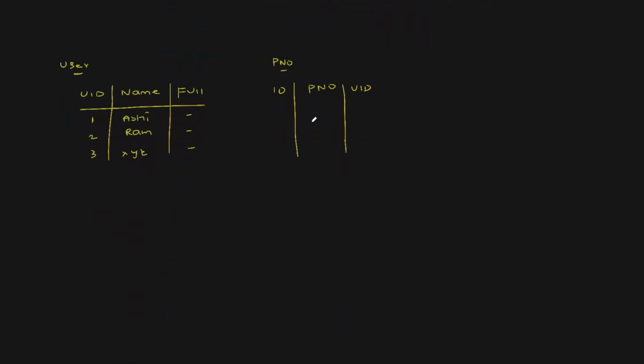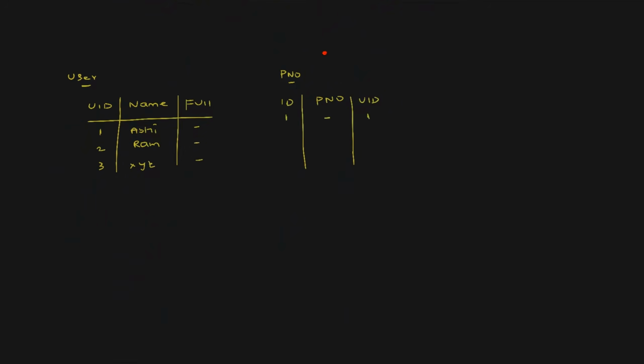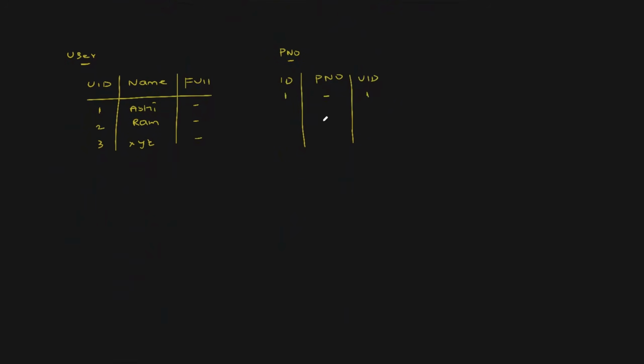So for ID1, that is Abhi user, you store a phone number. But for user ID2, that is the Ram user, you have two entries in this table. So user ID2, user ID2, phone number 1 and phone number 2. Of course, the ID becomes 2 and 3 here.